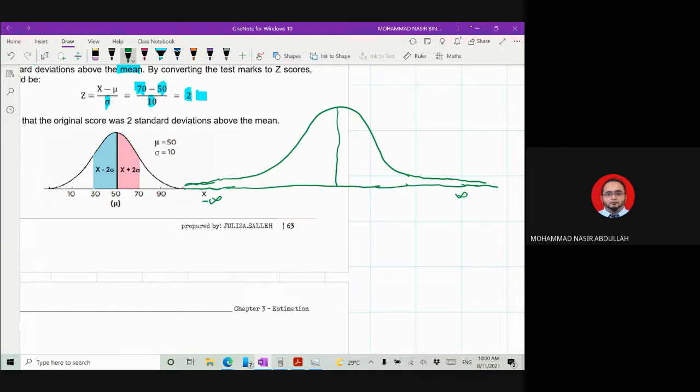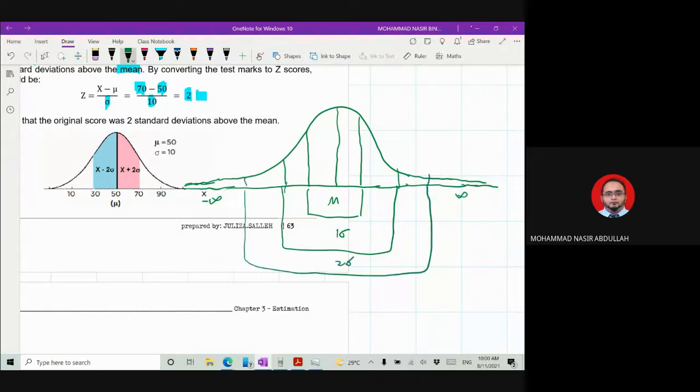So this is mu, and this is 1 standard deviation, this is 2 standard deviations, and the last one will be 3 standard deviations. 1 standard deviation will consist of about 68%, this one will consist of 95%, and the last one will consist of 99.9%.